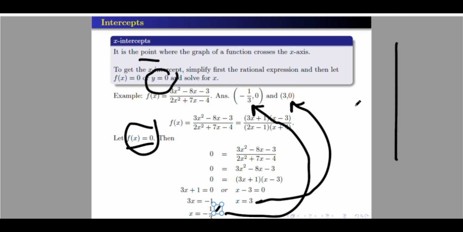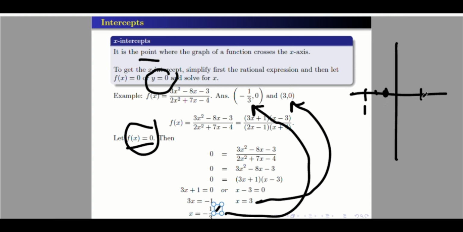So meaning on the graph, if this is 1, then -1/3 is somewhere here. So this is our (-1/3, 0), and 3.